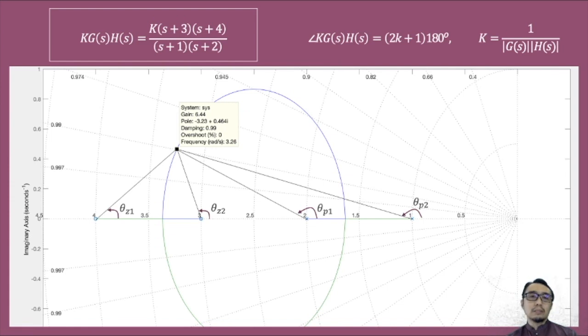on the root locus. Okay, so once we have identified that that particular point is on the root locus, then we can use the real and imaginary parts of that particular point to solve for k.